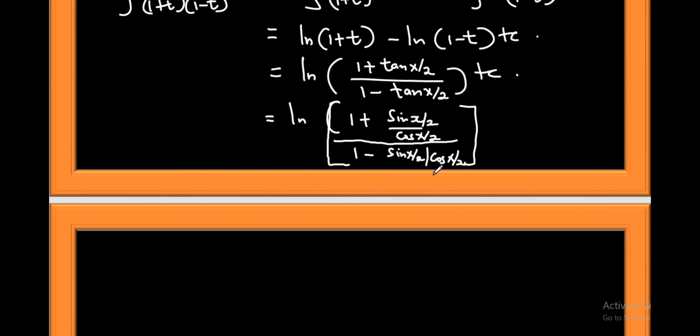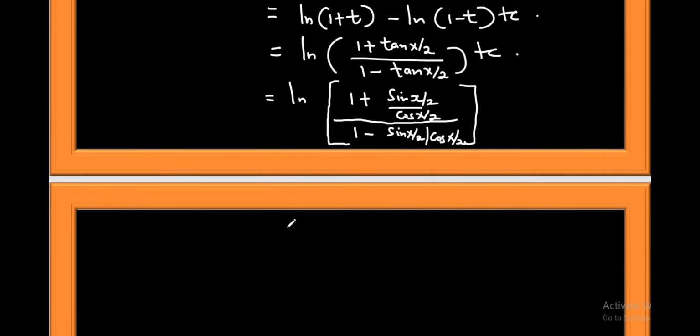Something to appreciate in this expression is that the denominator and the numerator will have the same LCM. And so at the end of the day, when we go to the next step and try to simplify, something will easily cancel, as we shall see.